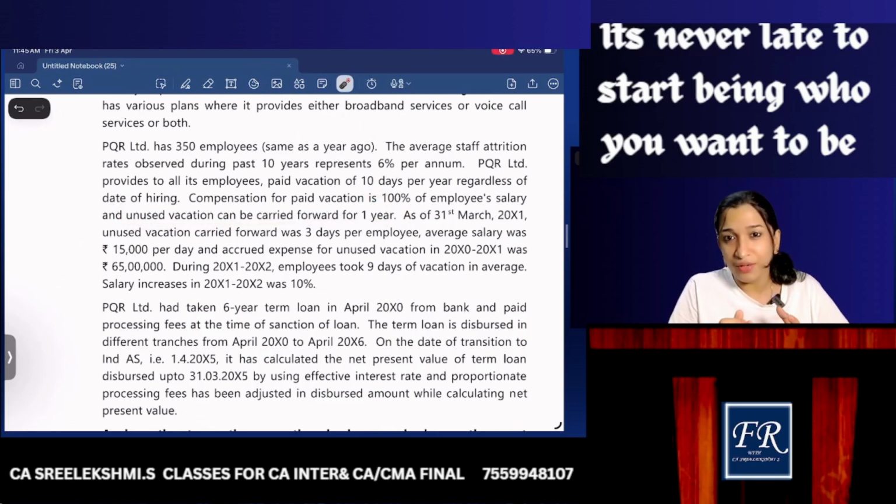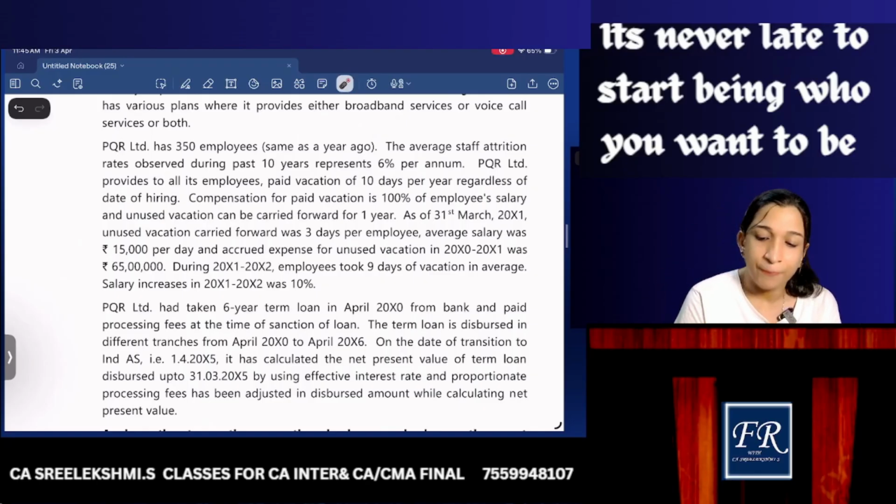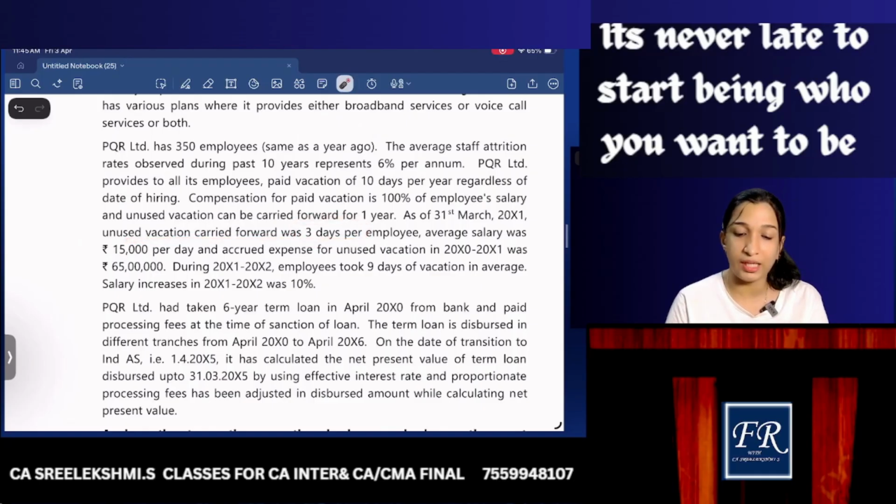So a leave which can be carried forward to next year is short-term compensated absences, accumulating and non-vesting. Vesting means you can get the unused leaves encashed. This can be carried forward, it is non-vesting. At 31st March 2011, unused vacation that can be carried forward was 3 days per employee.